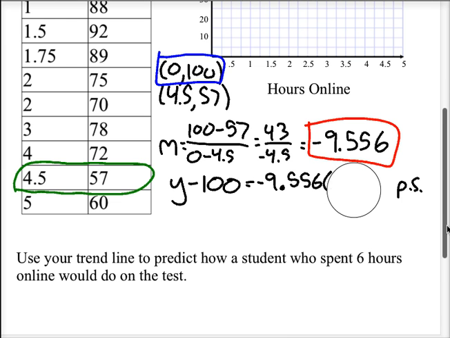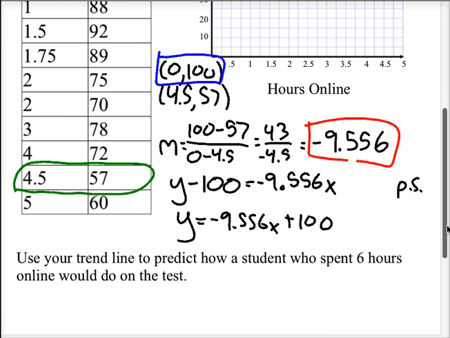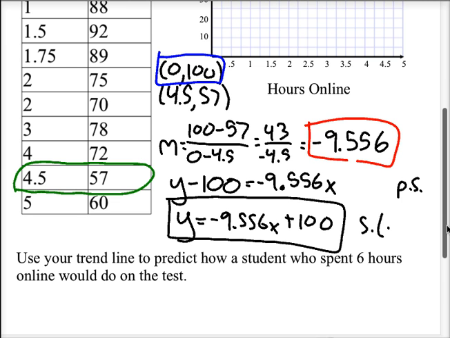So again, since that's 0 there, the x minus 0 just becomes x. And so all I have to do is add that 100 over. And then here's my trend line in slope-intercept form.